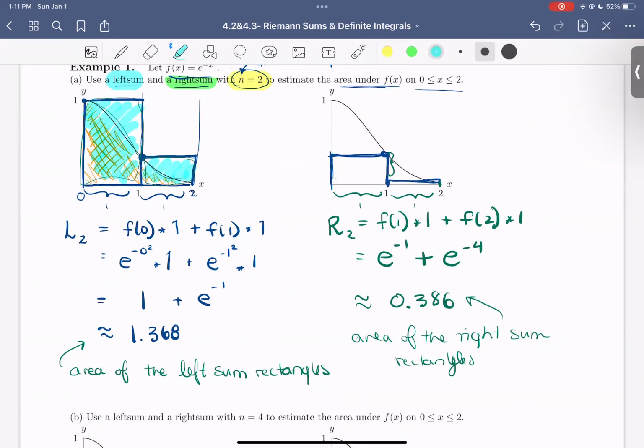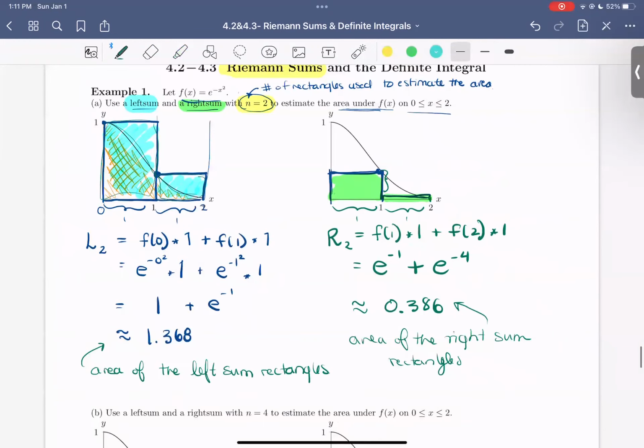All right, so before we finish off this part, I want us to think about how these two estimates of the area under the curve compare and what they tell us about the area under the curve.